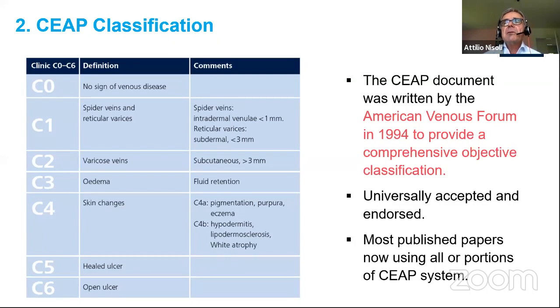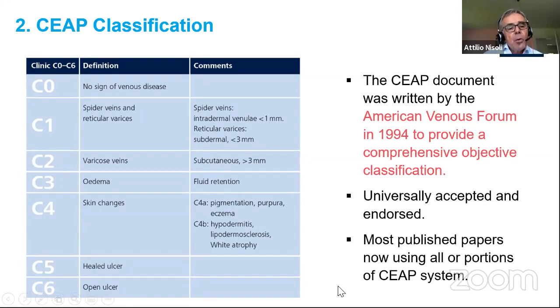All the stakeholders know exactly what we are talking about when we say C2 or C4. Everybody involved knows exactly what it's about. And most published papers now use all or at least portions of the CEAP system.